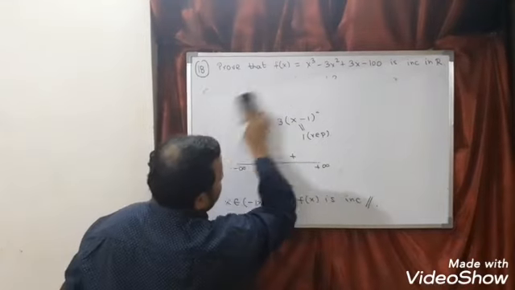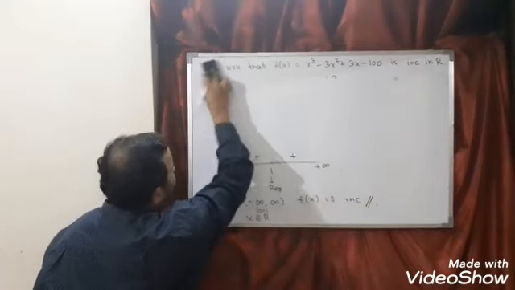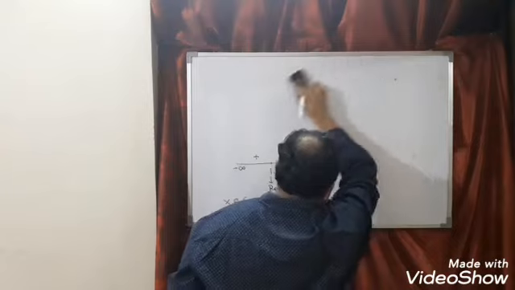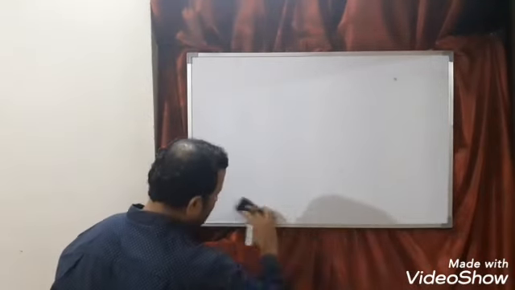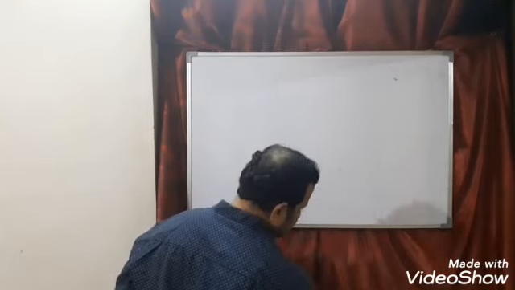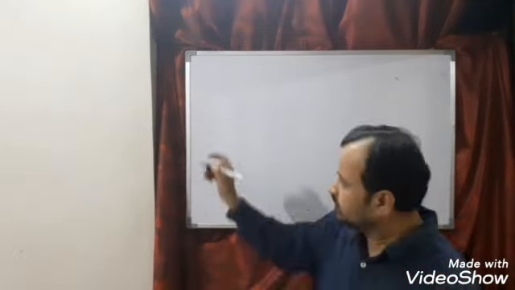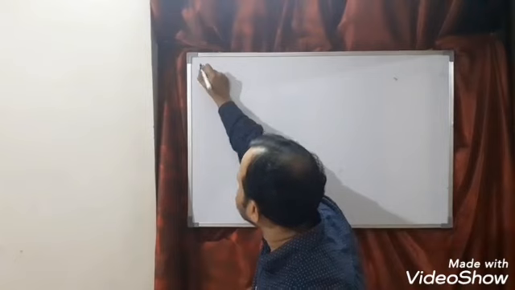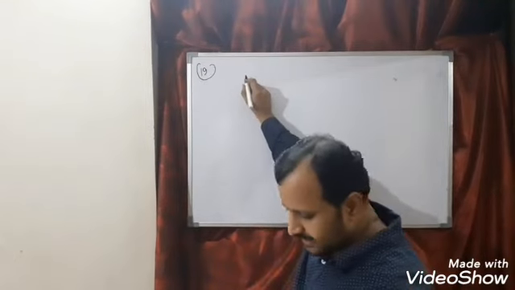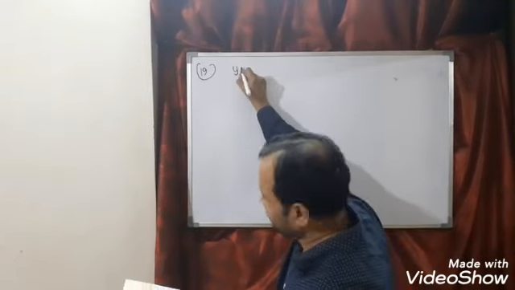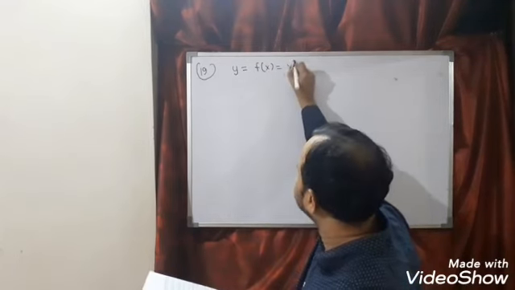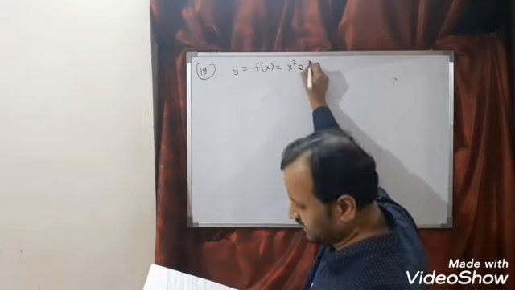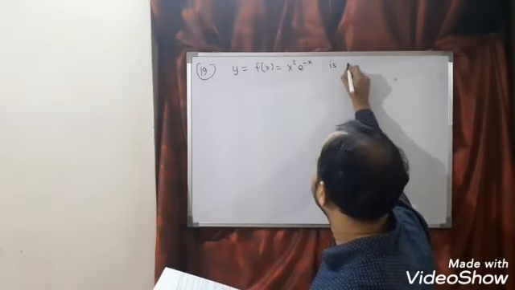Next question. Question number 19: the interval in which y is equal to f of x is equal to x square into e power minus x is increasing.